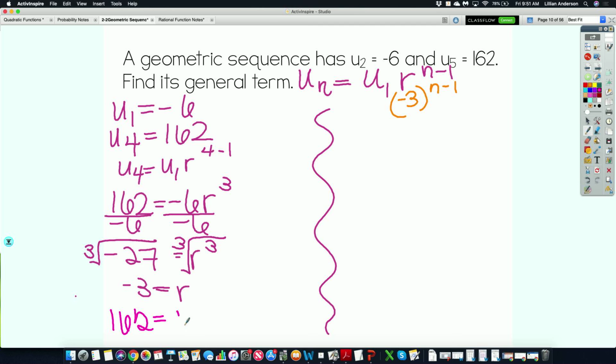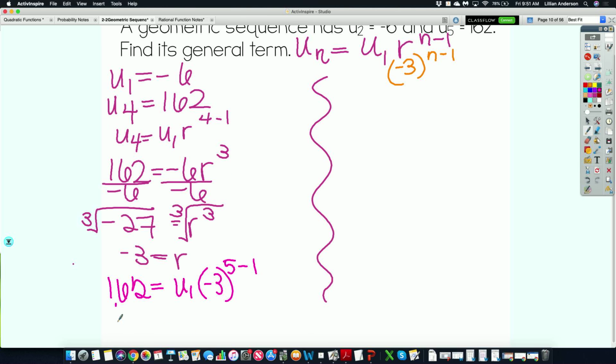So this time we're going to make 162 the 5th term again, take it back to what it was. 5 minus 1 is? 4. So this is 162 equals U sub 1 times -3 to the 4th power. What's -3 to the 4th power? -81? Which one is it?